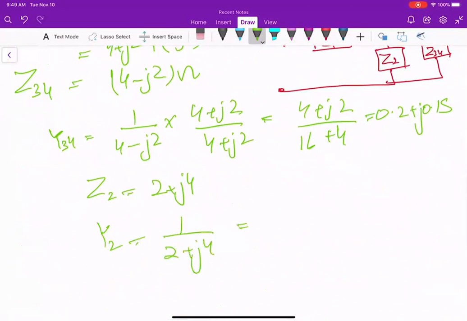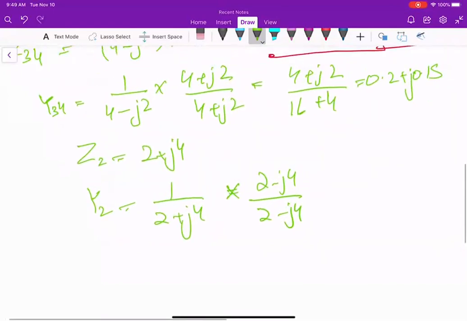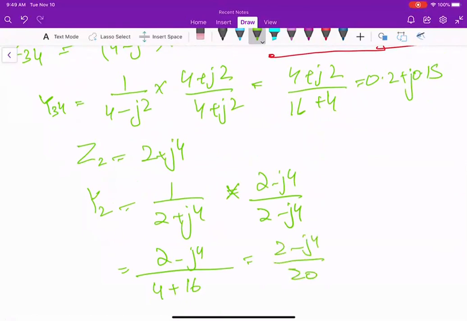By the same effort that we did before, it should be equal to 2 minus j4 over 4 plus 16, which is 2 minus j4 by 20, which will make it 0.1 minus j0.2 siemens. So this is our Y2.